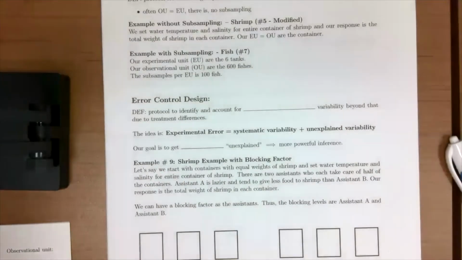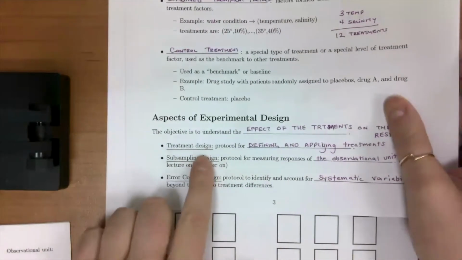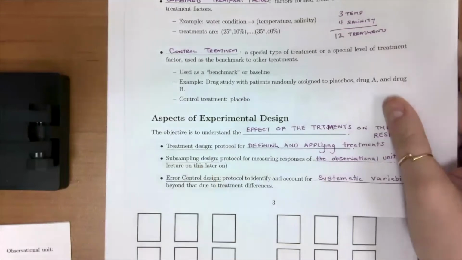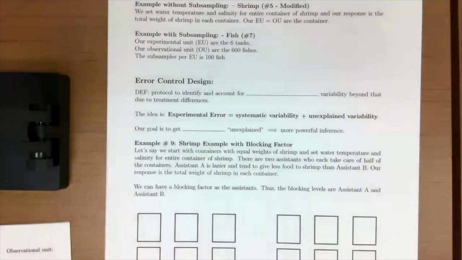Now that we've briefly talked, again, about the treatment design aspect of experimental designs, we're going to talk a little bit about subsampling. Subsampling allows us to see multiple observations in a study.